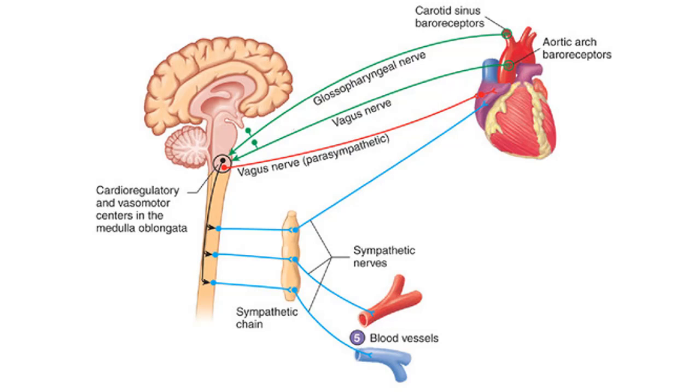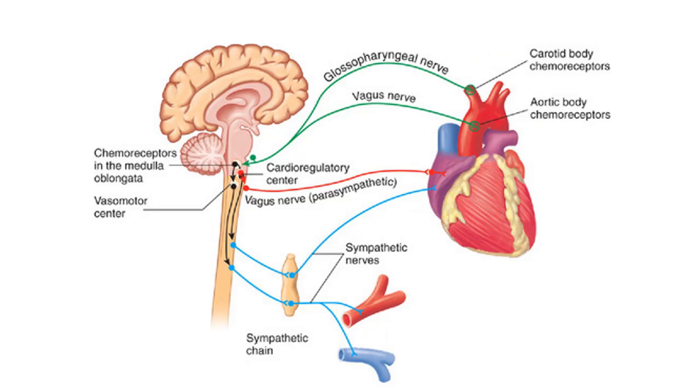When the pressure decreases, the baroreceptors sense the pressure reduction and send signals to the medulla oblongata and vasomotor center. So the sympathetic system is going to be active. The sympathetic system acts on blood vessels and the heart, increasing heart rate and constricting vessels to increase blood pressure.